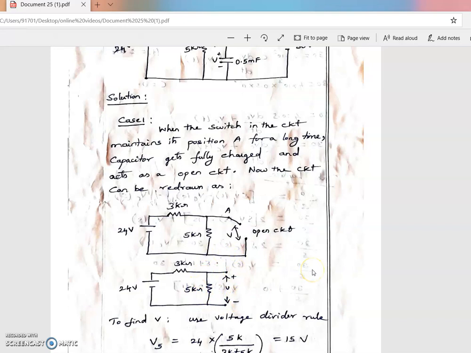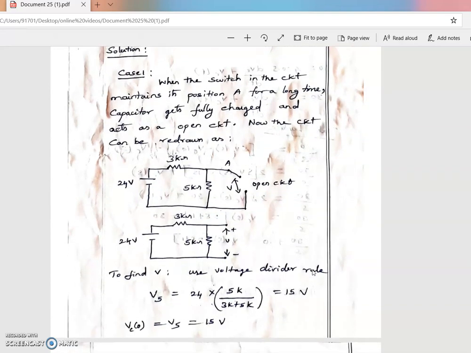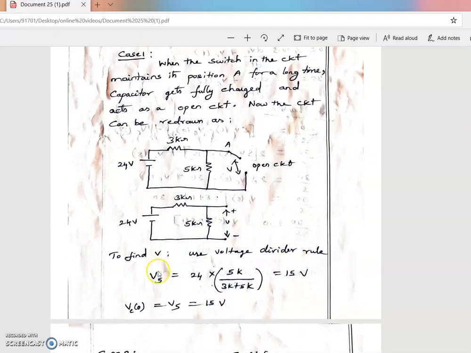Using the voltage divider rule, V5 is equal to total voltage times the particular resistance divided by total resistance in series. Now we get the answer as 15 volt.